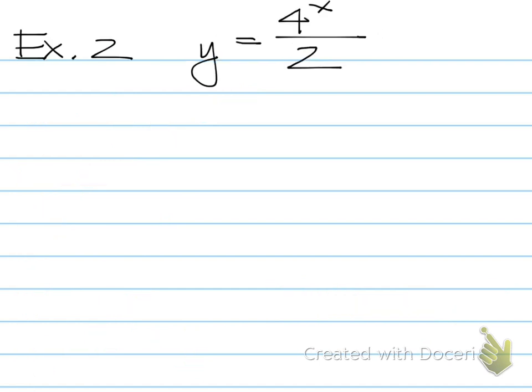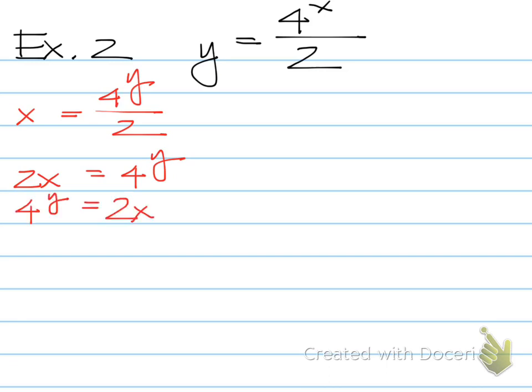In the next example, again, we can go ahead and start by interchanging the x and the y since we already have a y written instead of f of x. And then start to isolate the term that has the variable in it that we're solving for. So we're going to multiply both sides by 2, and then I'm going to switch the sides of the equation and then put this in logarithmic form since I'm trying to solve for the y in the exponent.